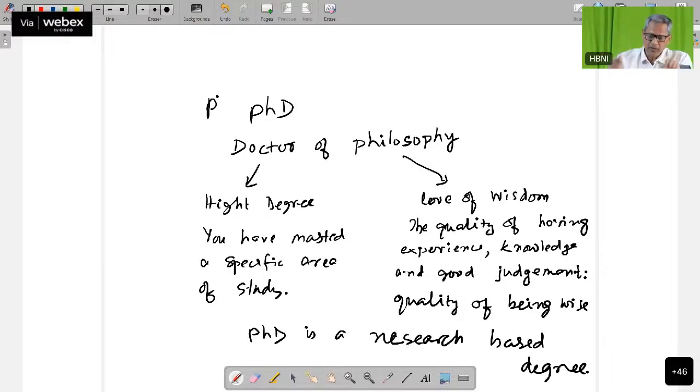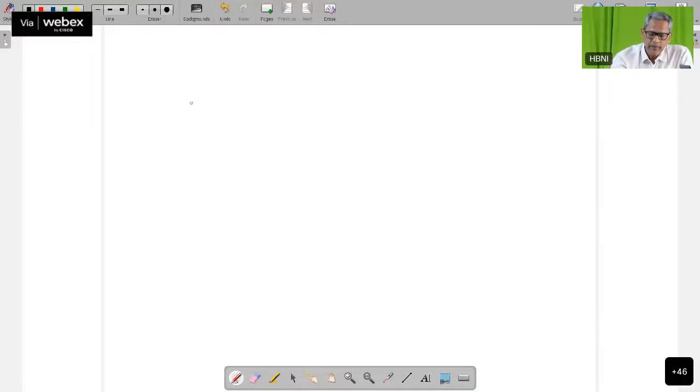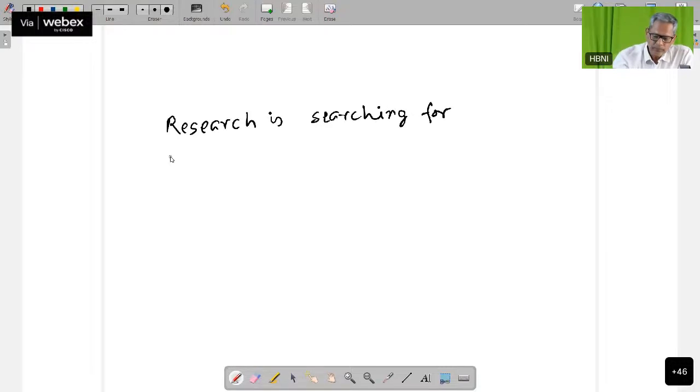Research is basically searching for learning and discovery. Let me write this. This is a very important point. Research is searching for learning and discovery.